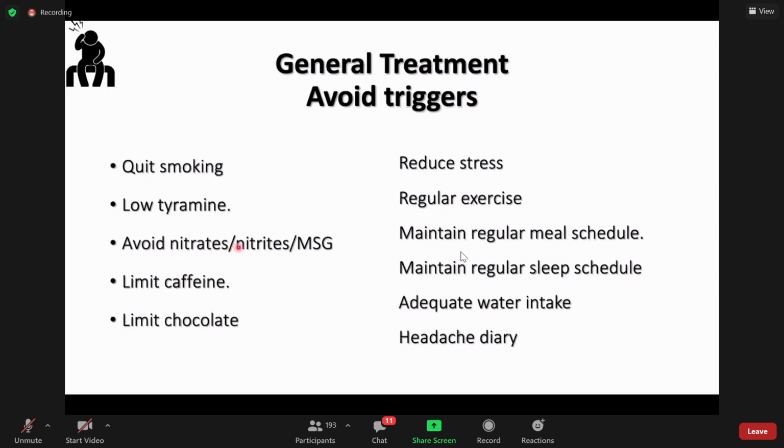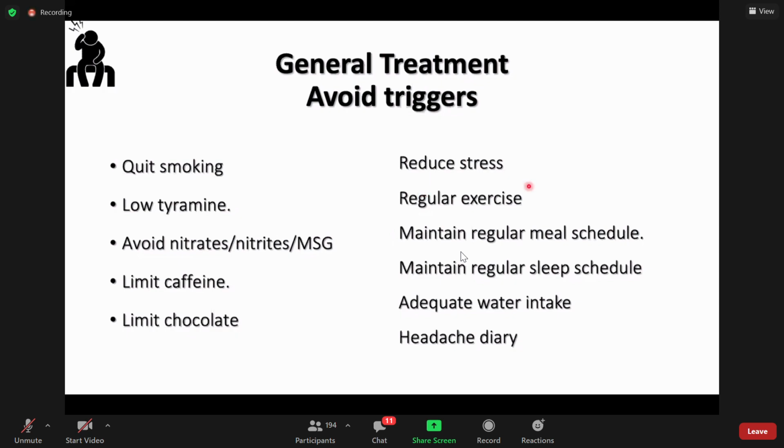They add nitrate or nitrite to it. And monosodium glutamate is a taste enhancer that is frequently used, not only in Chinese food, but in a lot of crackers and so on to make them taste better. Caffeine has to be limited, and chocolate has to be limited.